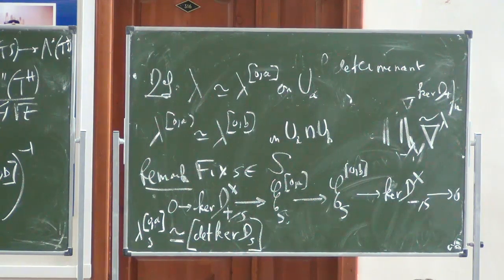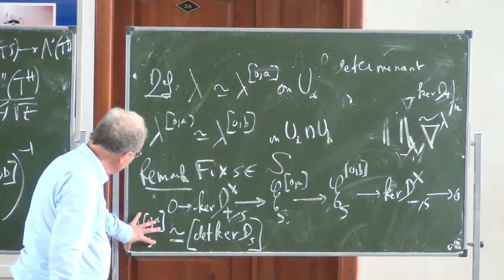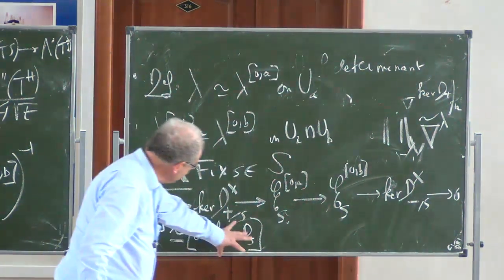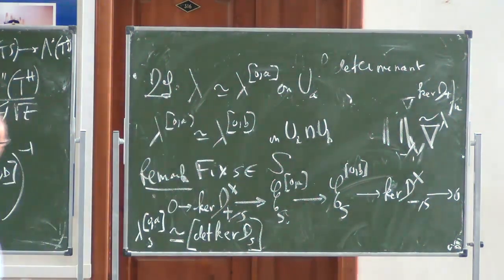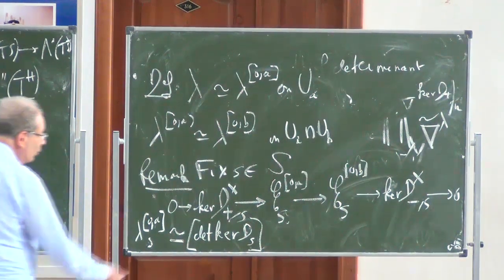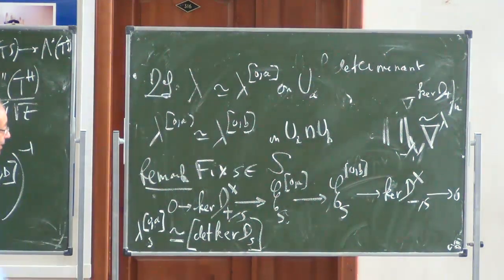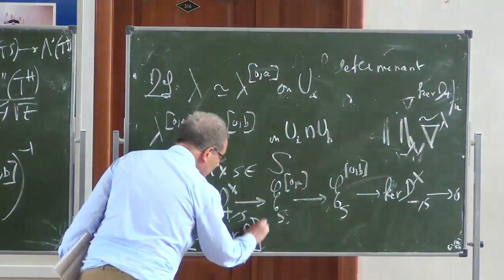So again, this construction has reconciled the fact that we have now a smooth line bundle, but each fiber is canonically what it should be, and still it completely ignores the fact that this kernel can jump dimension.